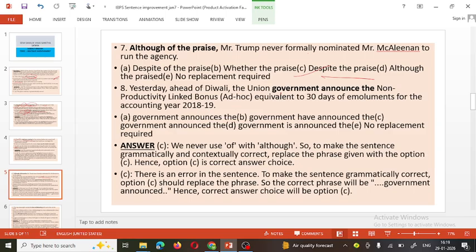Now for this highlighted part, options are: government announces the, government has announced the, the government announced the, and government is announced the. As the sentence says yesterday, it is past tense, so simple past tense. So option C, the government announced the non-productive linked bonus. Option C is correct here.